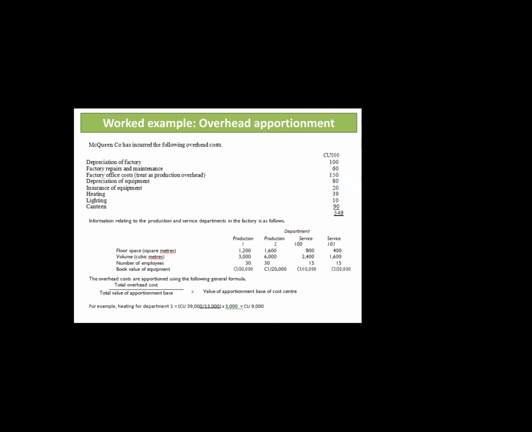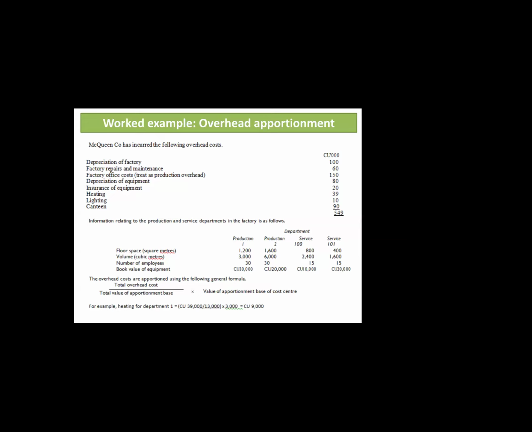It should be book value of equipment. Is it? Yes, sir. No, you are right. It should be floor space, factory. Factory depreciation should be based on floor area, right? So don't become confused. It's floor area. Book value of equipment is for depreciation of equipment and insurance of equipment.